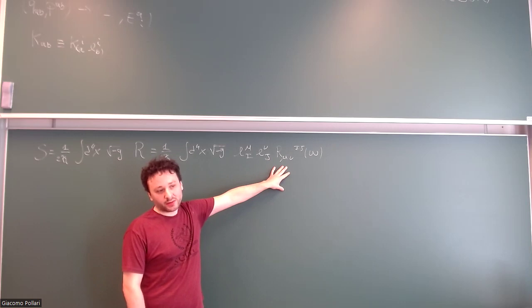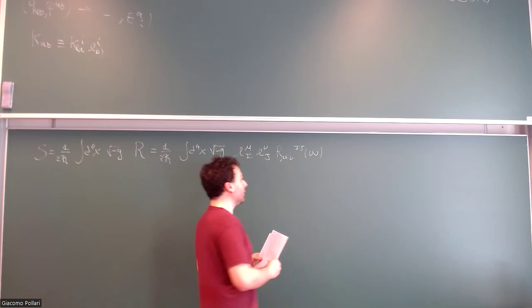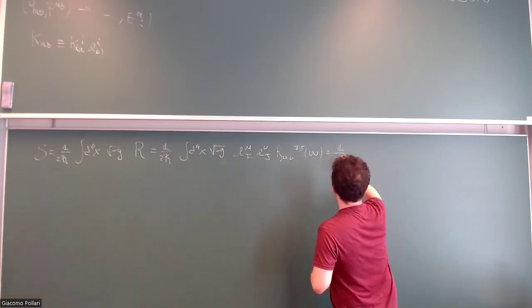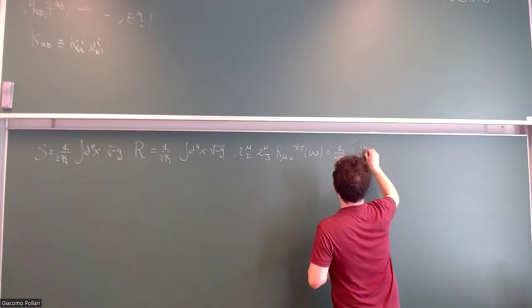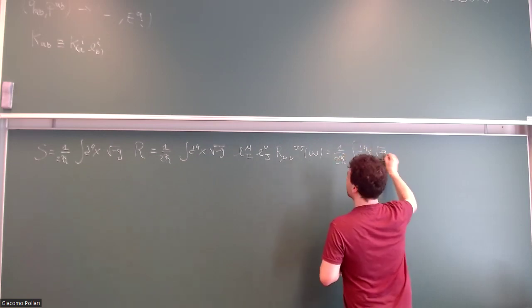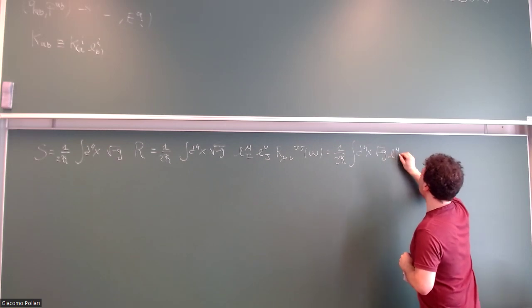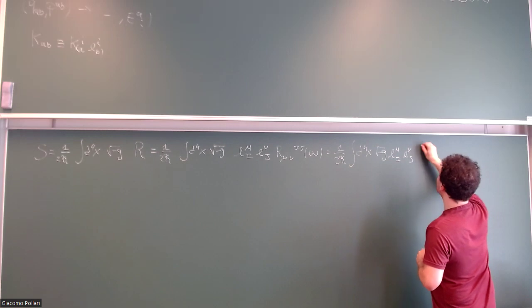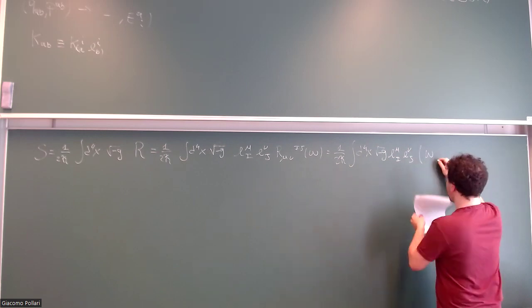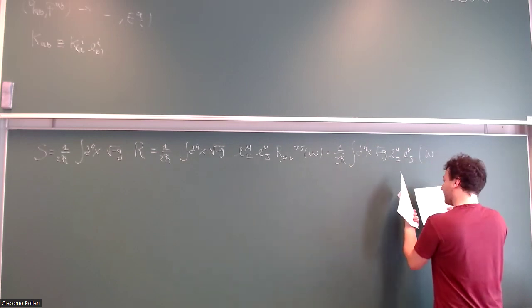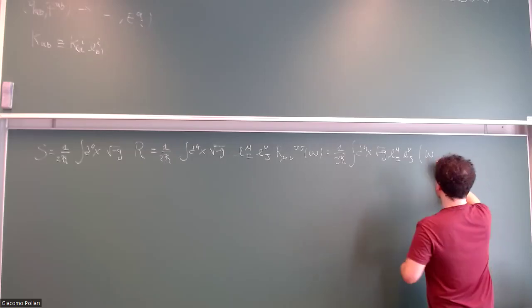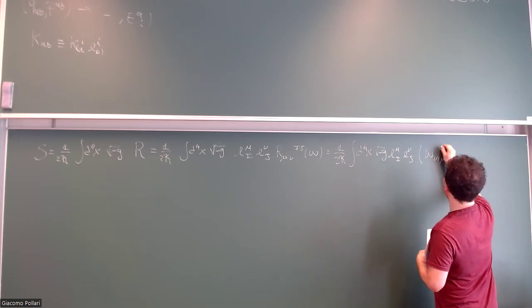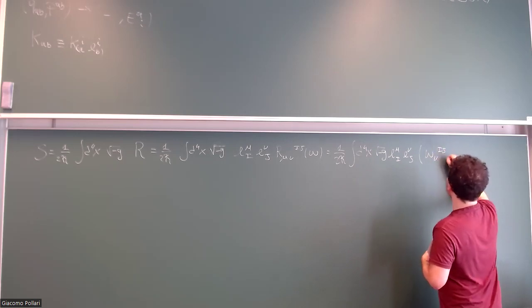So the way to write all of this is with omega mu and then with mu.